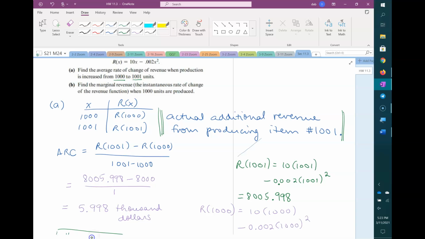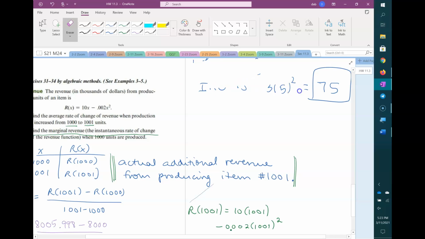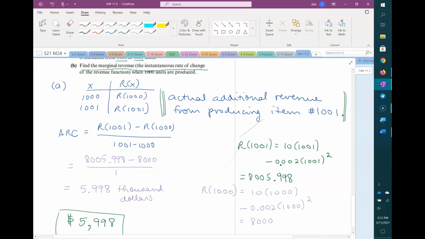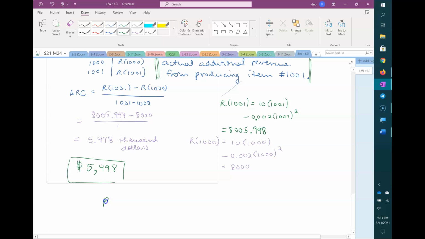Okay, then the marginal revenue, the instantaneous rate of change, oh, this is going to be a lot of work, because what we need to do is take this average rate of change formula. So R of 1001 minus R of 1000 over 1001 minus 1000, but that's our average rate of change, and then we're going to need to do the limit as h goes to 0.